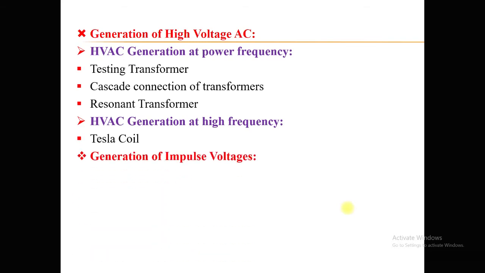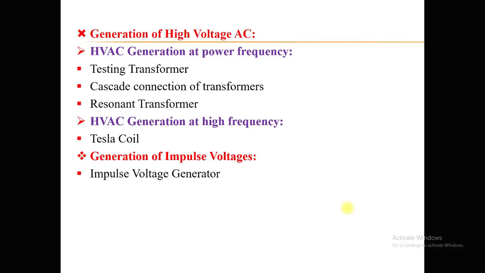The impulse voltages of longer duration and shorter duration are generated by the impulse voltage generator. So these are the techniques used to generate high voltage DC, high voltage AC and impulse voltages in high voltage laboratories.